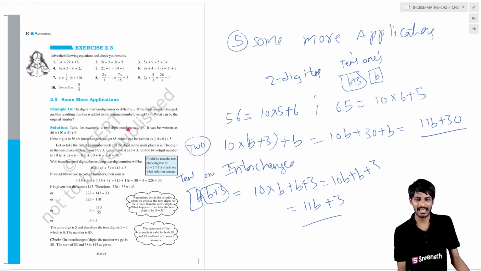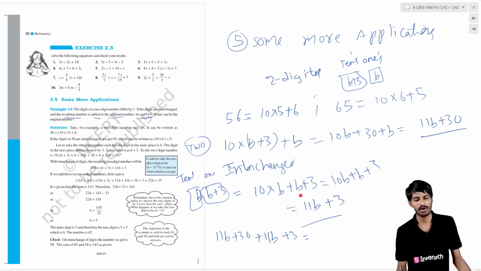Now what has he given? He has given that we get 143 when the resulting number is added to the original number. If you add these two numbers, you will get 143. So 11b plus 30 plus 11b plus 3. Adding the expanded forms of these two numbers is the same as adding the numbers themselves, like adding 56 to 65.